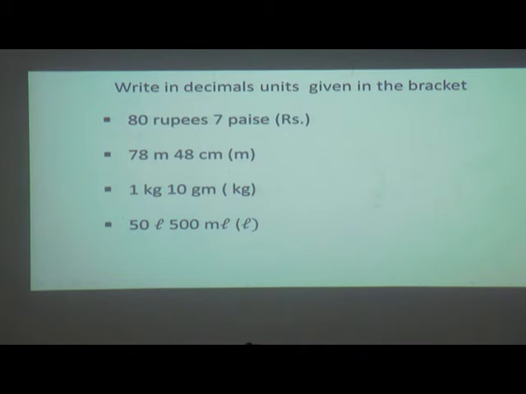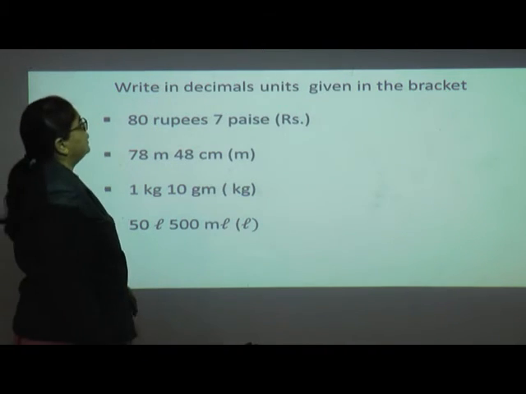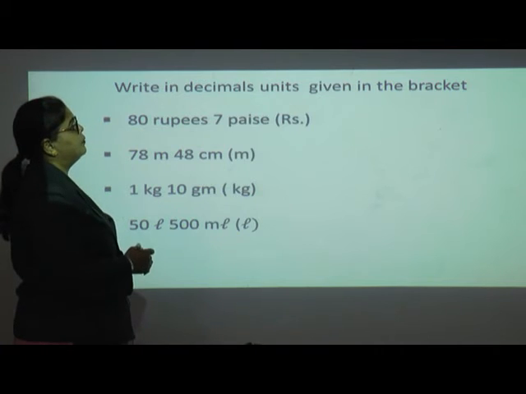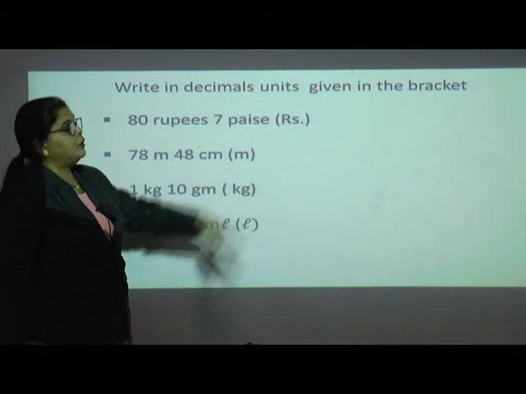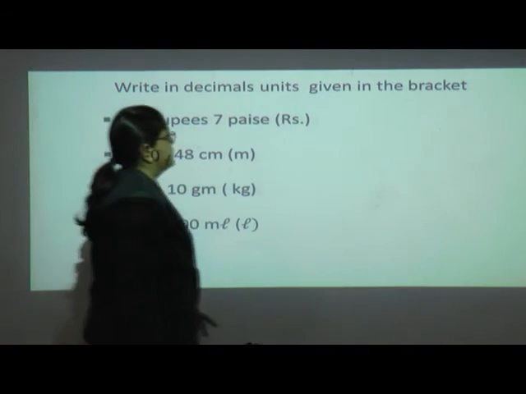So we will see here 80 rupees 7 paise. We have to write it in rupees. So whatever unit is given in the bracket, in that unit we have to write it. Here it is given as rupees.